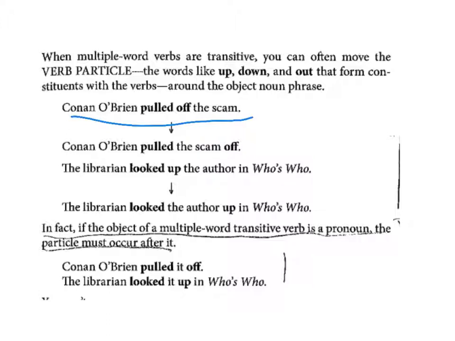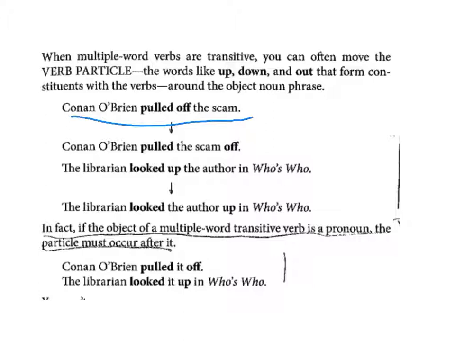So the scam becomes the pronoun it. And you'll see that it must be that Conan pulled it off, a multi-word verb. So this is a really good way to test for it. I mean, it only works if the verb is transitive, but that happens quite a bit. So it's a good test for that.